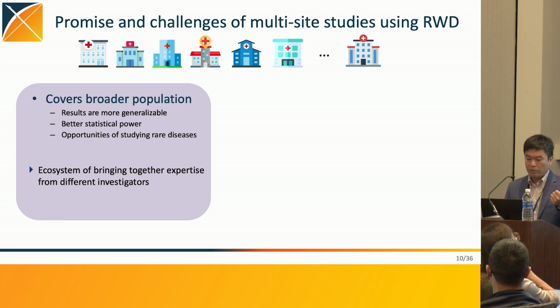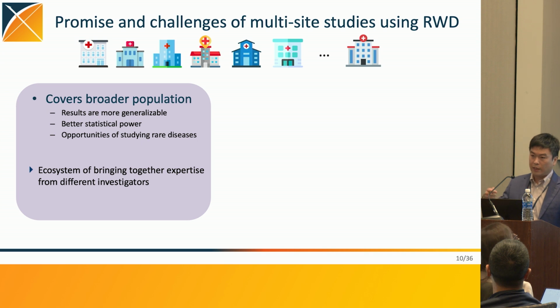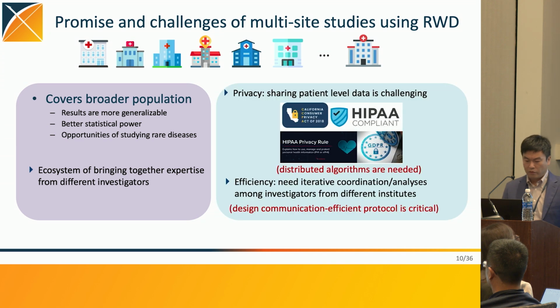The fundamental advantage is that when you have a multi-site study, you cover broader population, but nothing is free. This comes at the price of potentially introducing heterogeneous population, and there are all kinds of things we need to pay, right? So just be careful about the potential challenges of multi-site study.